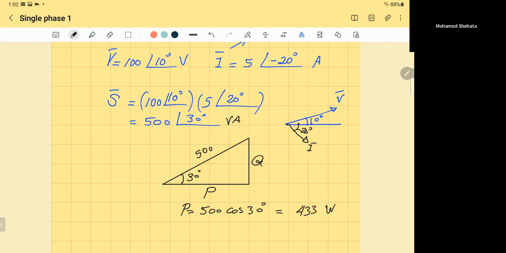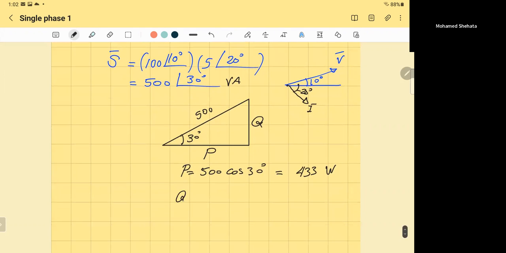And the unit is what? Q is equal 500 sine 30. It's equal to 250.